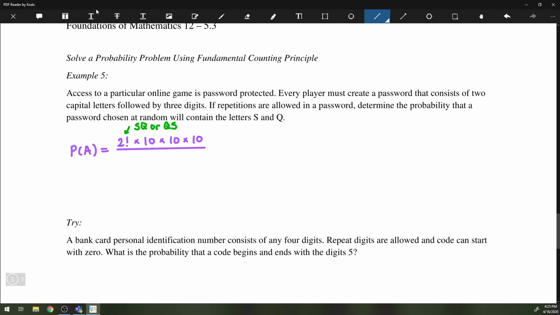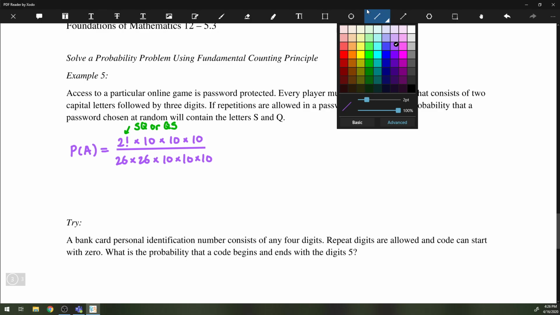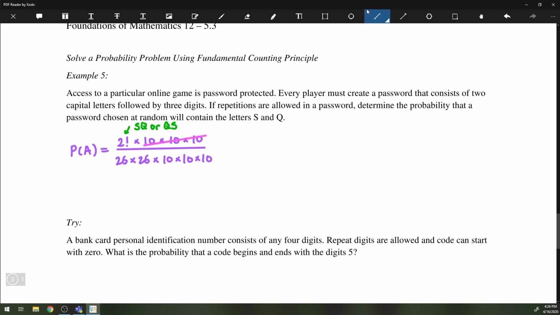And we divide by the sample space, which is all the possible passwords. So we have 26 letters to choose from for the first letter, 26 letters to choose from for the second letter, and then 10, 10, and 10 for the 3 digits. You should notice that the 10s will eliminate each other, so you don't have to worry about those. 2 factorial, of course, is 2, and then 26 times 26 is 676.